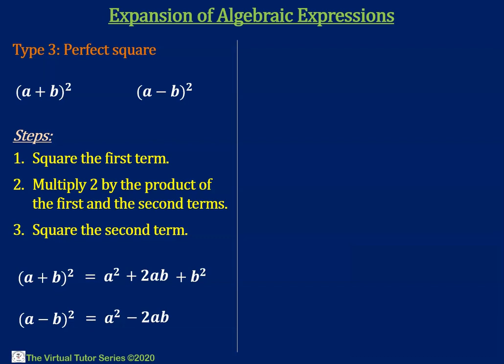And the square of the second term is b squared. Note that negative times negative is positive. Thus, negative b times negative b is b squared.